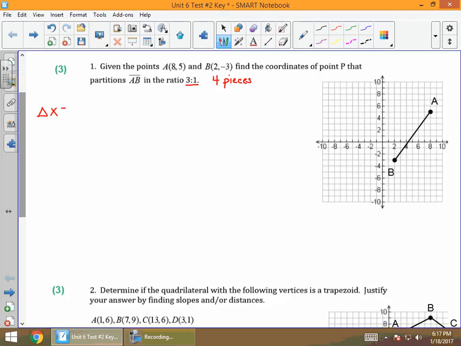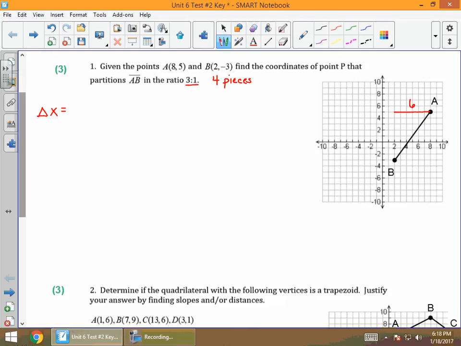Now my change in x values, I am calculating from point A to point B. I'm going to go from A to B because that is alphabetically how it shows up. So in order to get from the A value to the B value, I have to go to the left, 6 units.